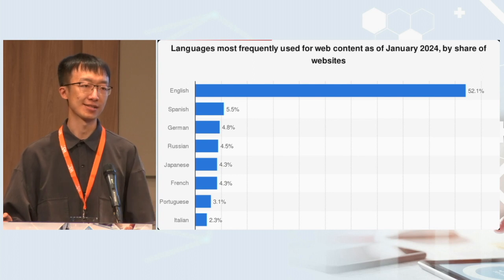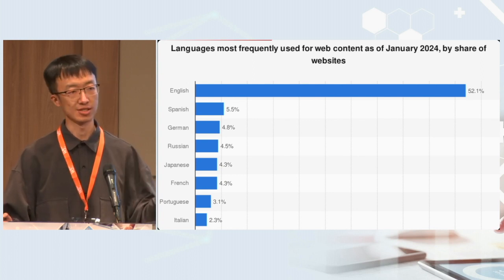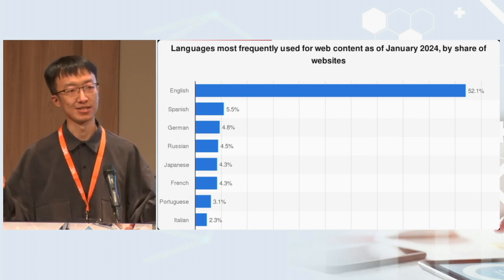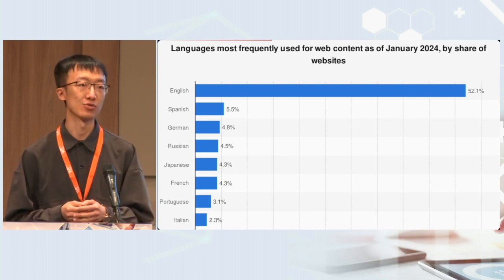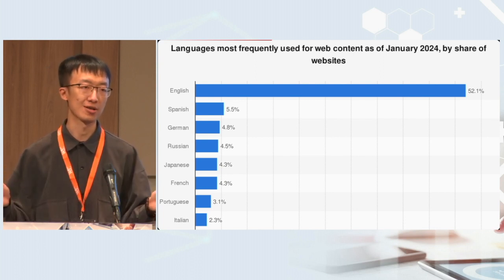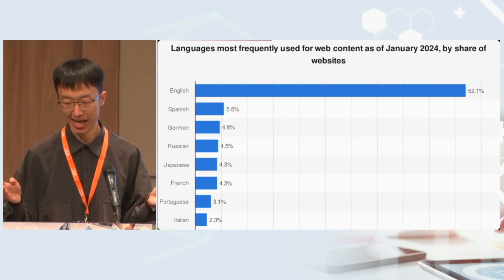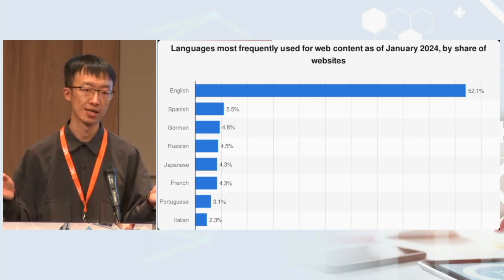However, it is easy to overlook the needs of people from cultures different to our own or who use different languages or writing systems. As of 2024, English is still the most popular language used for websites, with about 52% of web content.